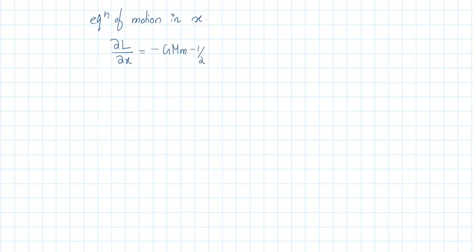That will be minus half into x square plus y square all raised to minus 3 by 2 into 2x. So that is nothing but G M m x divided by x square plus y square raised to 3 by 2. I hope it is clear.